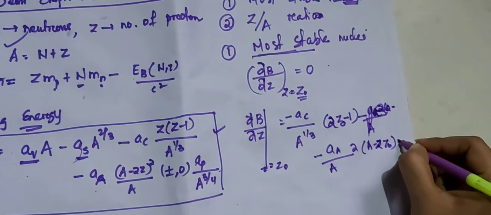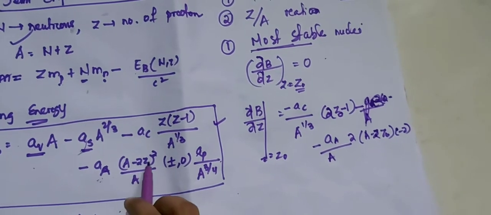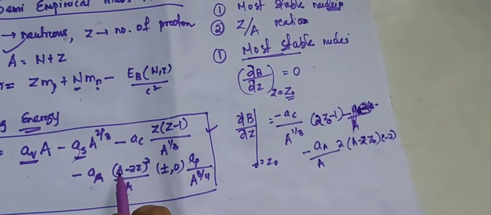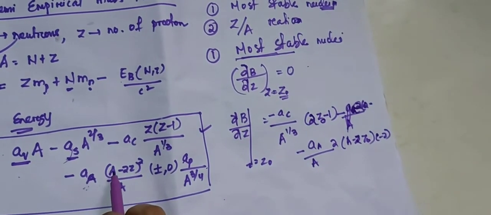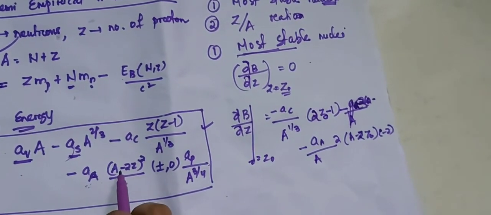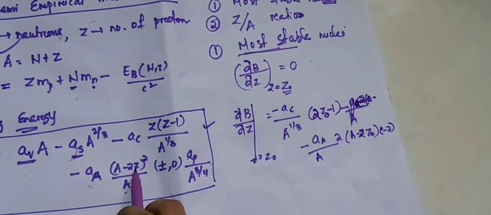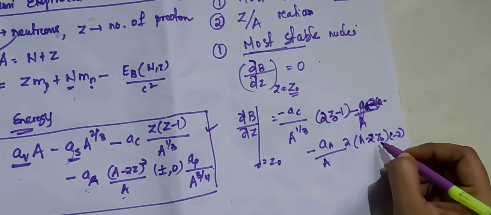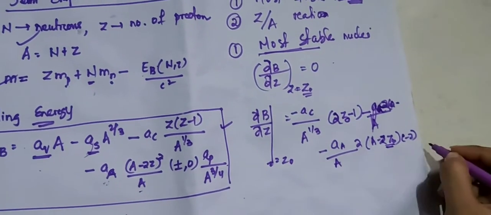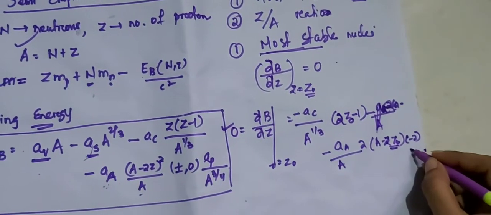As you can see, this term is minus AA times (A minus 2Z) squared by A. So when I differentiate this term, I get 2 into (A minus 2Z), and the differentiation of the inner term will be minus 2. That is why at Z equal to Z naught, I have written Z naught here. This whole term equals 0.